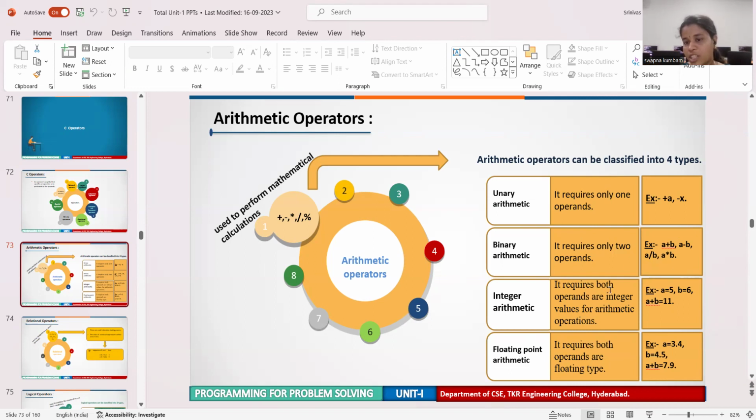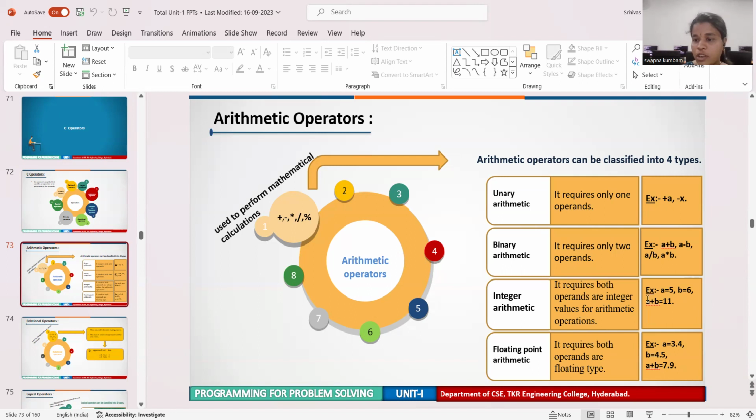So here, if you are using the operators between two operands which are of integer data, then we can call it the integer arithmetic operator. For example, A is equal to 5, B is equal to 6. Both 5 and 6 are integer data, normal numeric data.